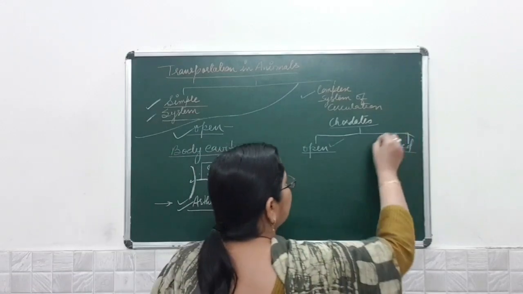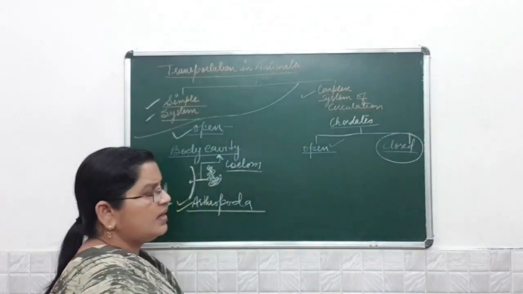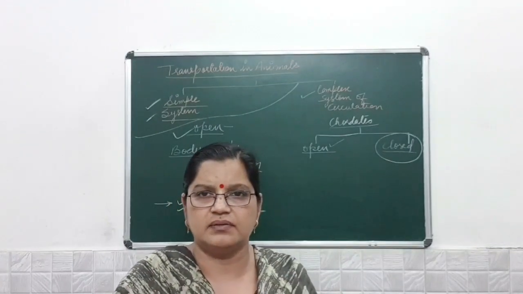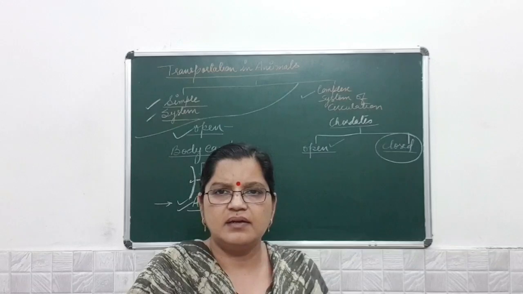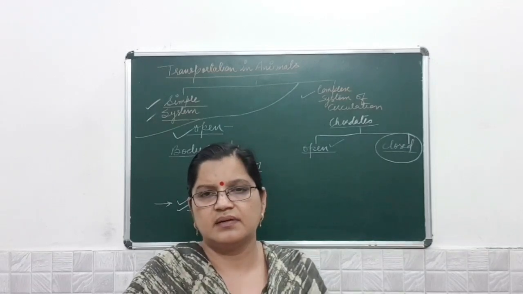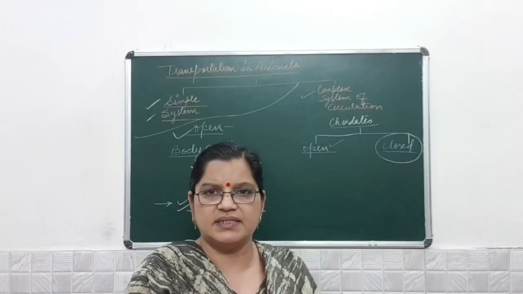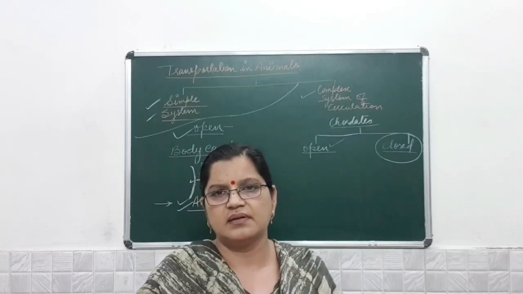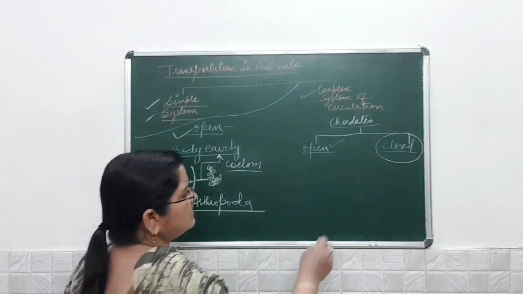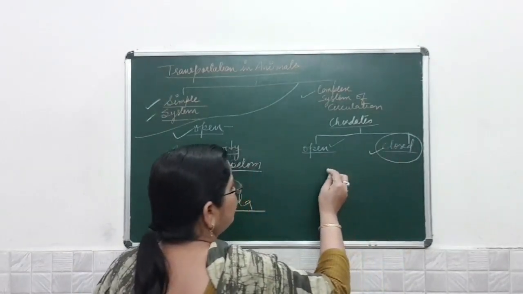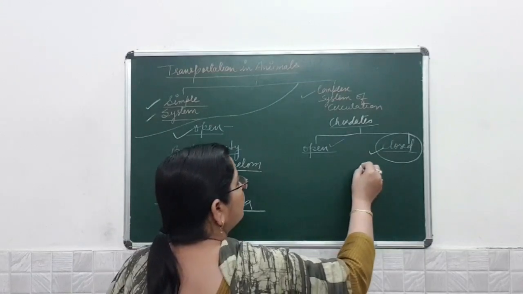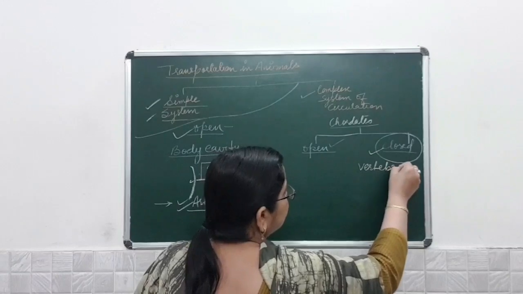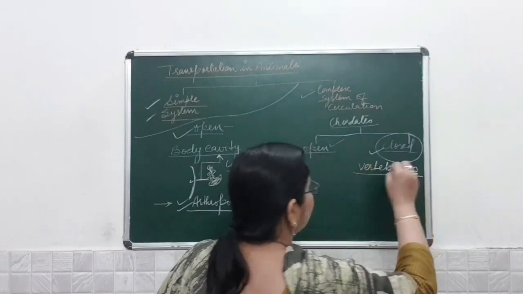Second is closed circulatory system. In closed circulatory system, blood or circulatory fluid flows in closed blood vessels, in arteries, in veins and in capillaries. Closed circulatory system is seen especially in vertebrates.